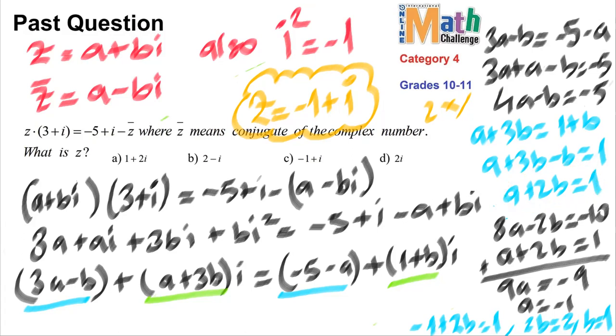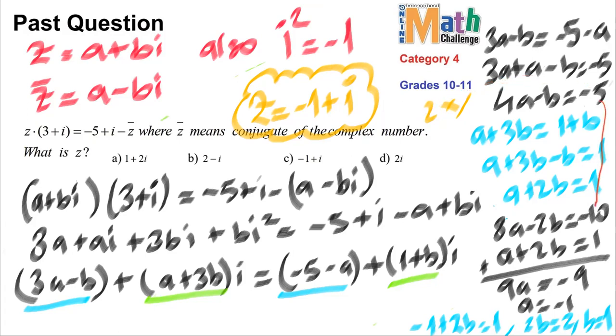Now we have this and this, but to make it simple, here we have plus 2B, here we have a negative B. So if we multiply this by 2, we are going to have a negative 2B here. And when we add it with this, the B's will cancel out for solving these simultaneous equations. So I multiply this by 2, it becomes 8A minus 2B and negative 10.